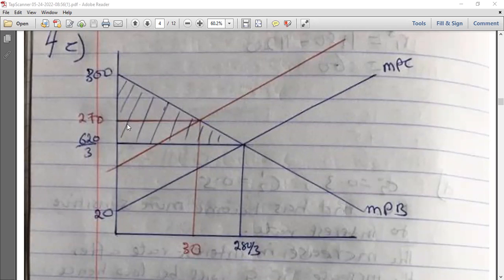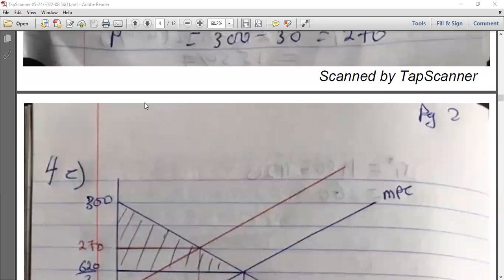So first, you need to draw the initial demand curve, which is the marginal private benefit, and it has to touch the price axis there. You have to be very careful. If you don't get these things correct, your answer is going to be wrong. So this is how you draw the curve.